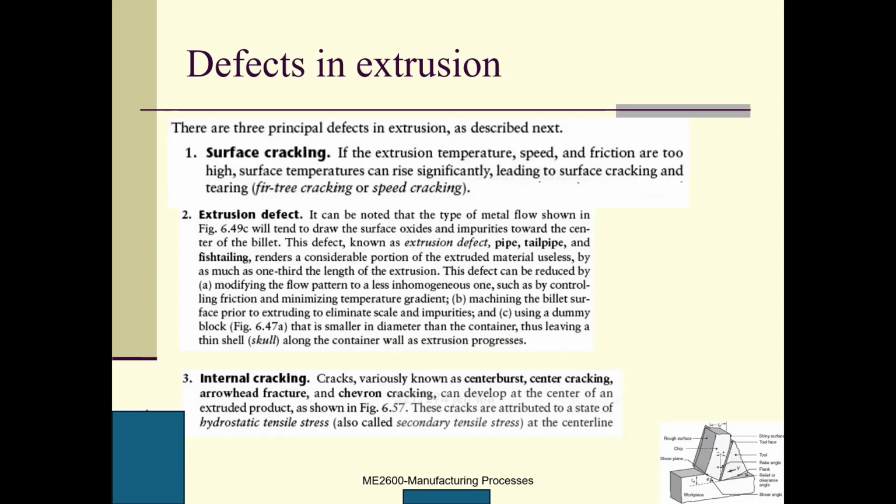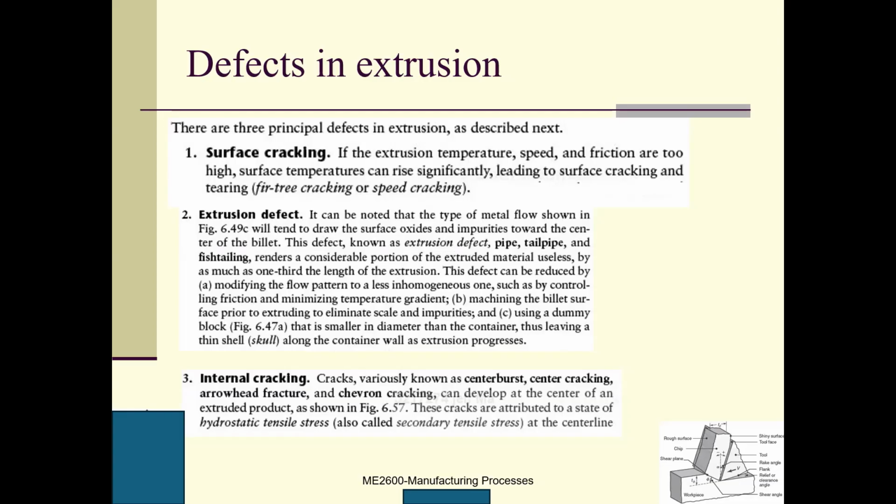The second one is extrusion defect. The type of metal flow shown in this figure will tend to draw the surface oxides and impurities toward the center of the billet. This effect, known as extrusion defect, type of pipe and fishtailing, renders a considerable portion of the extruded material useless, by as much as one third of the length of the extrusion.